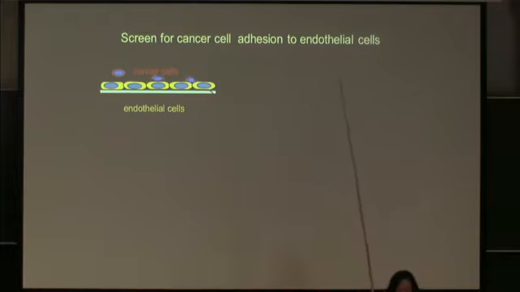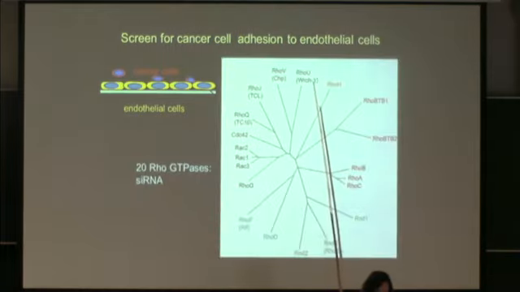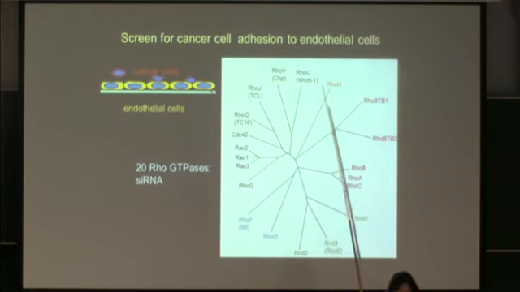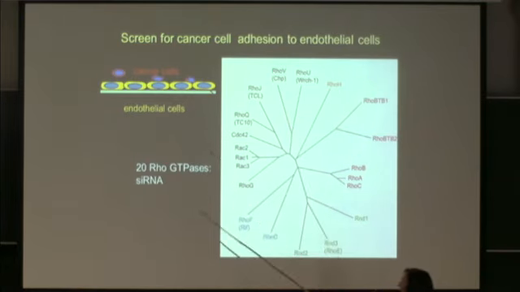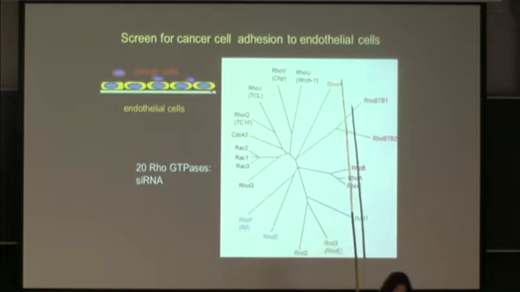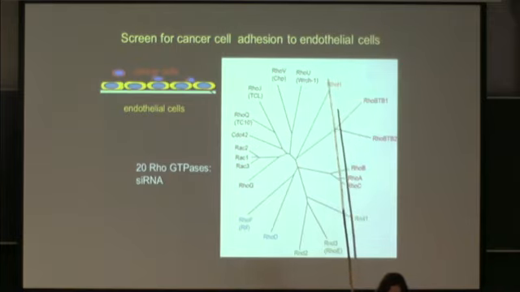So to speed up the whole process of doing the screen, we looked at just the first step, which is attachment to begin with, and then carried on from there. So we're simply doing an attachment assay, measuring the ability of cancer cells to attach to endothelial cells. Again, we're reducing the expression of all 20 Rho GTPases using small interfering RNAs targeting each of the genes.